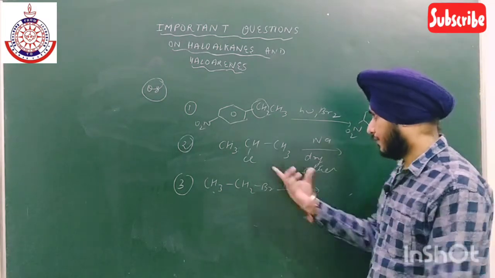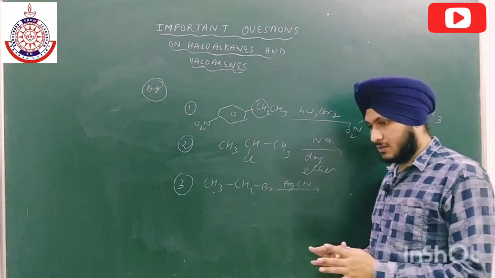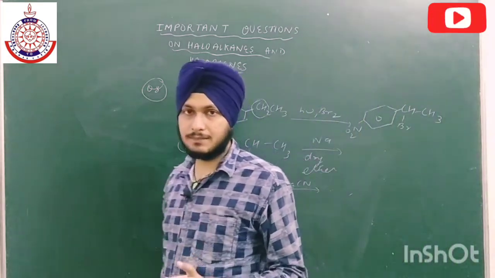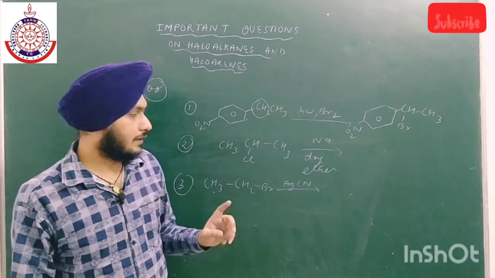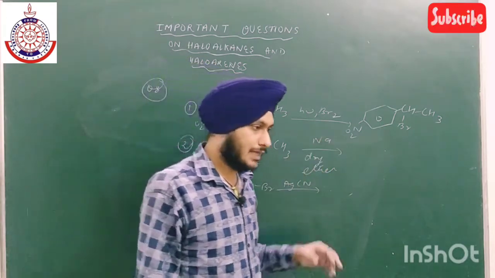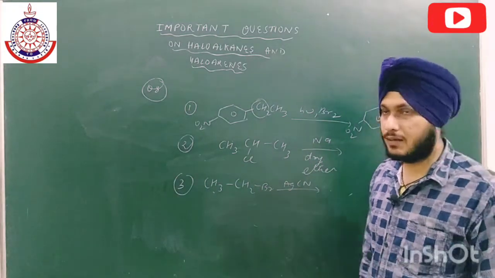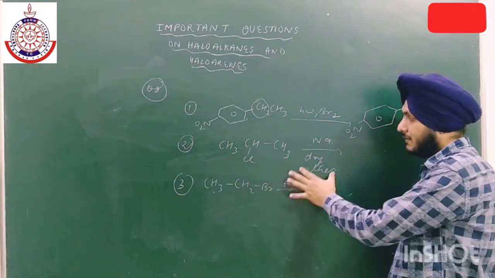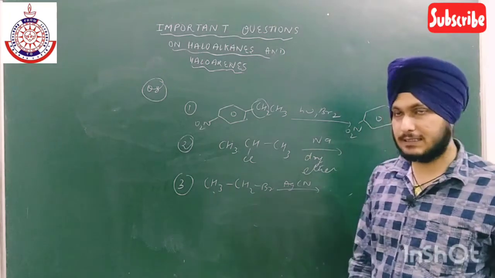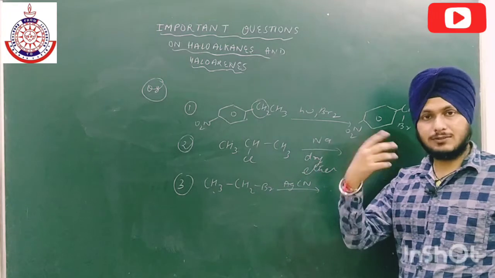Now this reaction is very important. In the exam it will not mention that we have to take 2 moles of sodium, you have to apply your mind. Because we all know that in presence of dry ether the Wurtz reaction will take place, and in the Wurtz reaction we have to take 2 molecules.